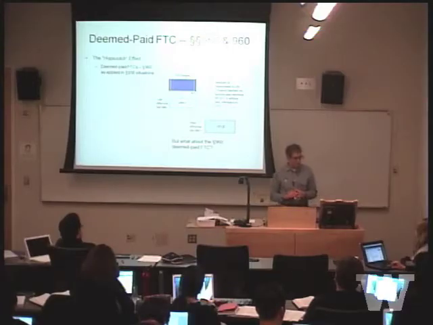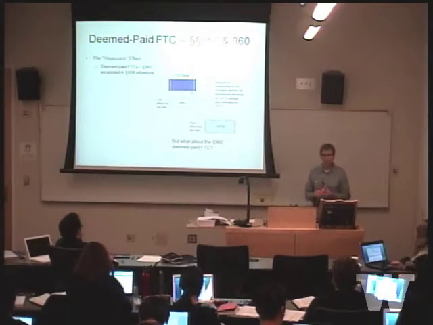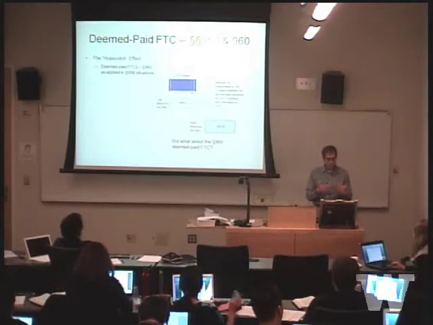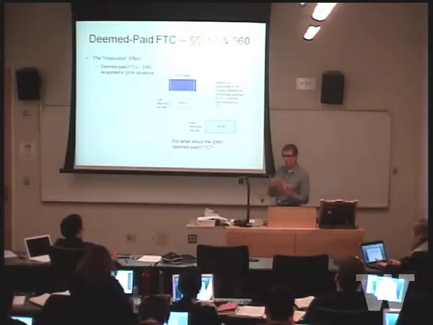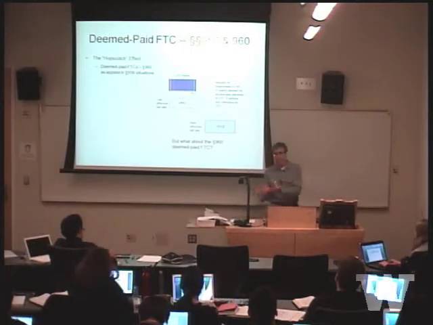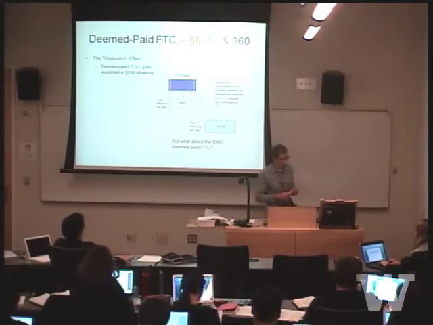Now, the issue that I want to point out is what I'll call the hopscotch effect. And it's not just the point of the foreign tax credit, but it's also the point of out of which company has there been an inclusion of Subpart F income.